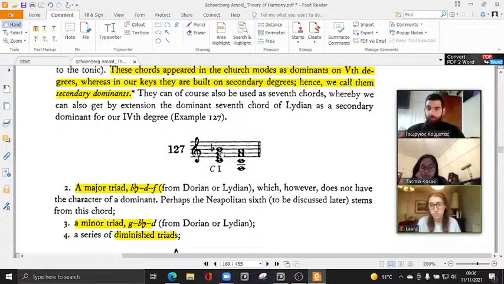You see that he says these chords appear in the church modes most as dominants on 5th degrees, where in our keys they're built on secondary degrees. Hence we call them secondary dominants. That's the explanation that he gives. But he gives the Lydian chord, he relates that to B flat, or the Dorian chord.